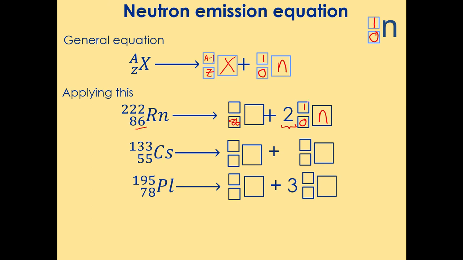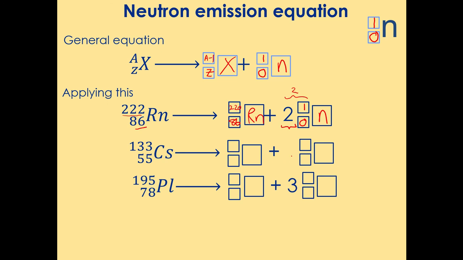If we've got 2 neutrons and they've each got an atomic mass of 1, the collective atomic mass at the top is going to be 2. So if I'd started off with an atomic mass of 222 and the 2 neutrons took 2 of those, what I would have left is 220. It's still got an atomic number of 86, which is what it started with, so it's the same element, still radon. So pause the video, give this a go.